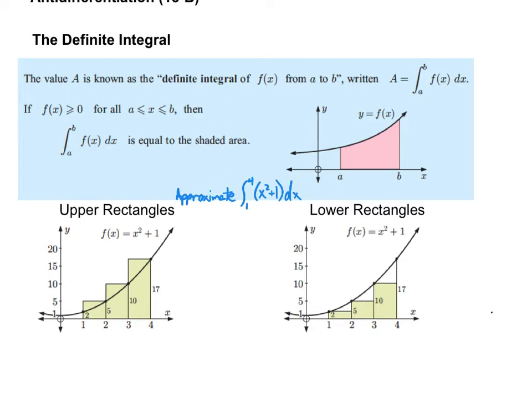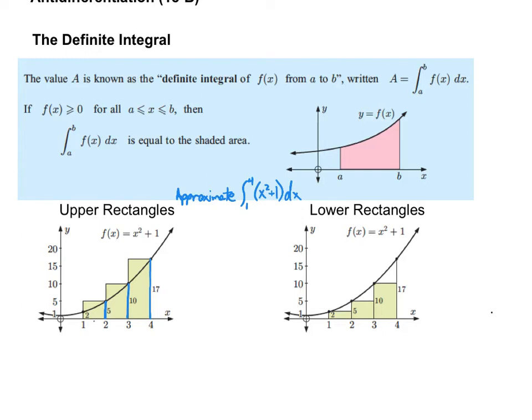And here we have upper rectangles. These are called upper rectangles because they extend above the function, and in this case, since the function is increasing, they're right-hand rectangles. But you can see here the height of this rectangle here is 5, the height of the middle rectangle is 10, and the height of the last rectangle is 17.